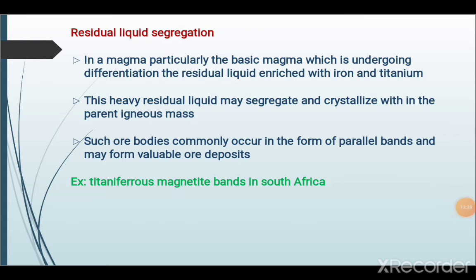An example of this class is the magmatic magnetite deposits, which commonly occur as concordant layers within mafic igneous rocks. An example of these residual liquid segregation deposits is the titaniferous magnetite bands in South Africa.